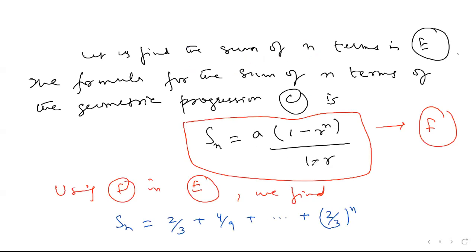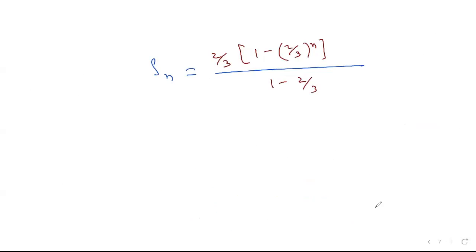Then downstairs it is 1 minus r, where r is 2 by 3. So what it turns out to be is 2 times 1 minus 2 by 3 raised by n.